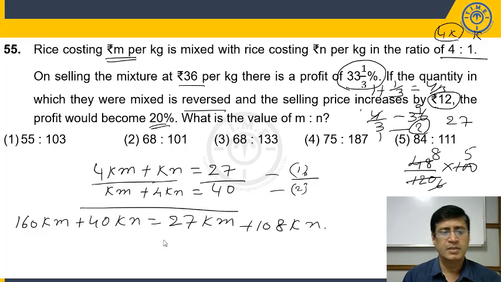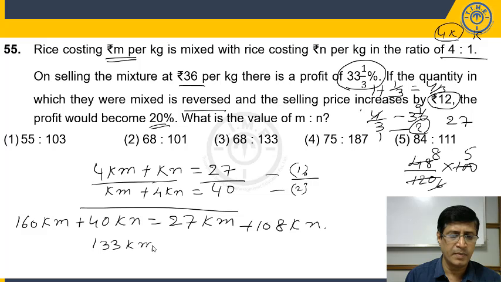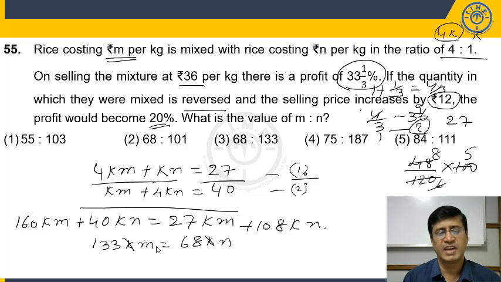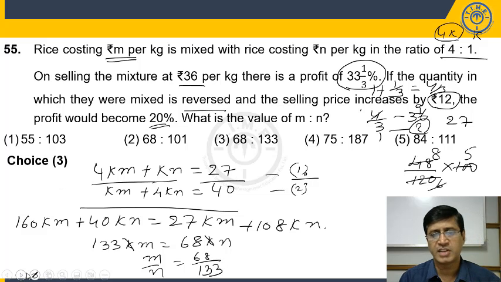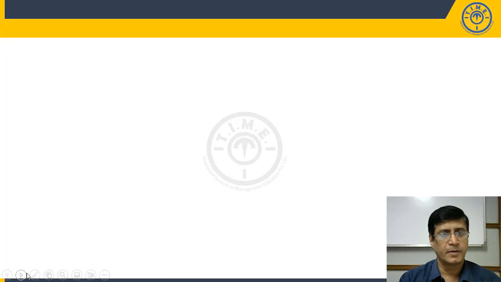By taking km on one side and kn on the other side, the result is 133 km is equal to 68 kn. K is common on both sides, so it gets cancelled. Remaining is m by n is equal to 68 by 133. The right choice for this question is option number 3. The third option is the right answer.